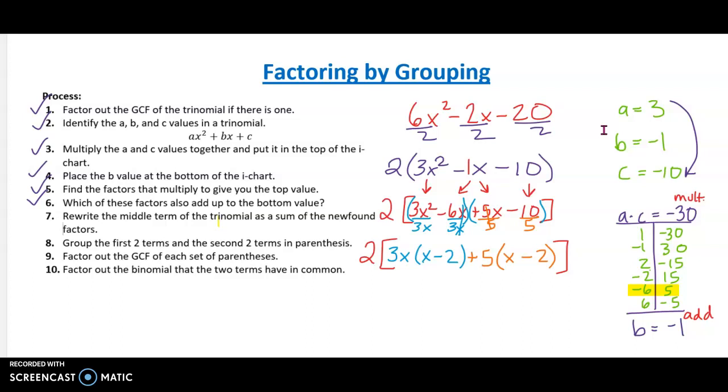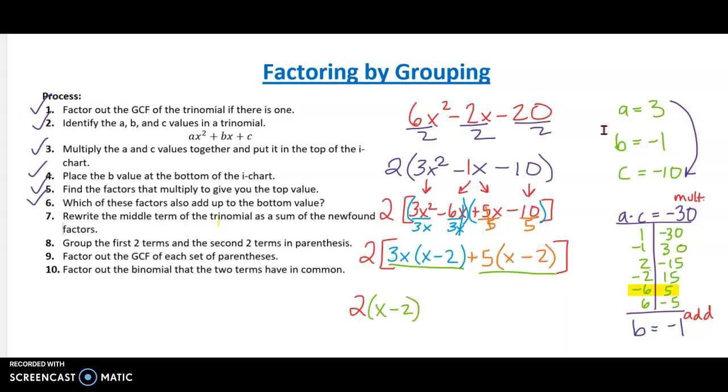Once again, I bring down the 2 that's in the front. We're almost at the end now. So what we're doing here next really is we have one term and we have a second term with a plus in the middle. They both have one thing in common, the x minus 2. So we're going to write that out here.